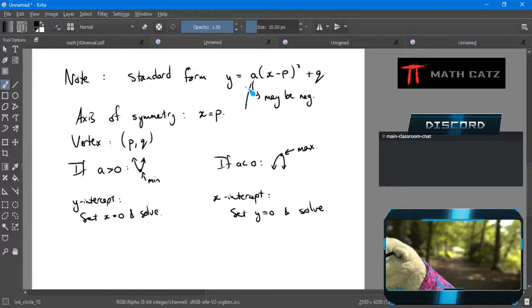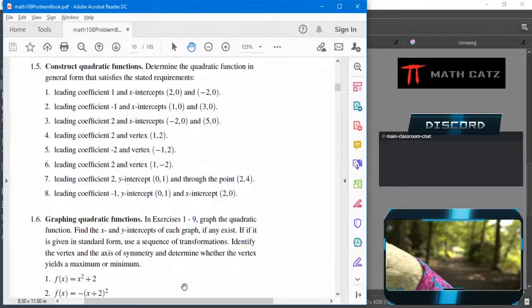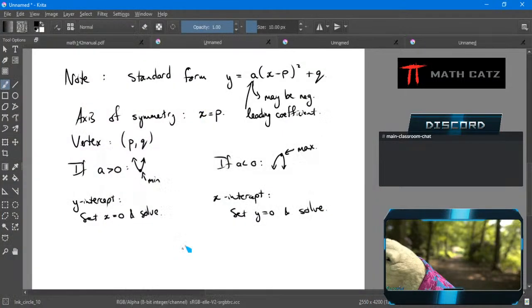Leading coefficient in 5 has to be -2, and I have a specific vertex. And those things are all the things that I see in my standard form.